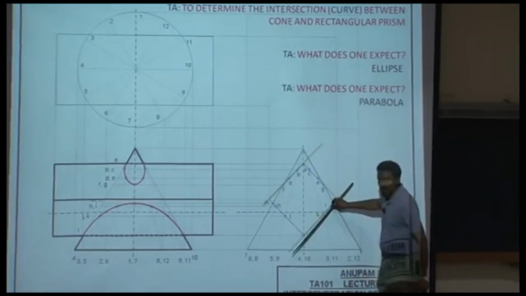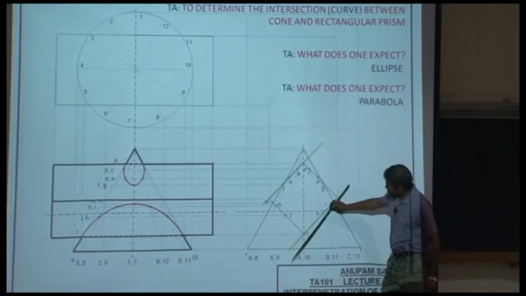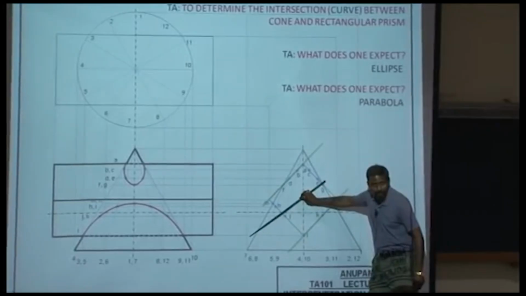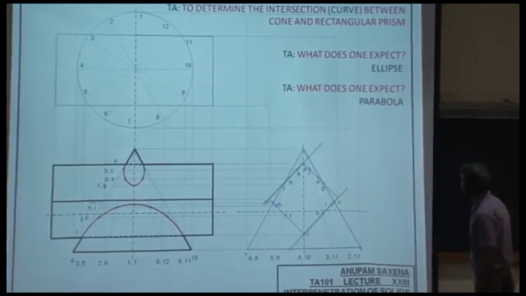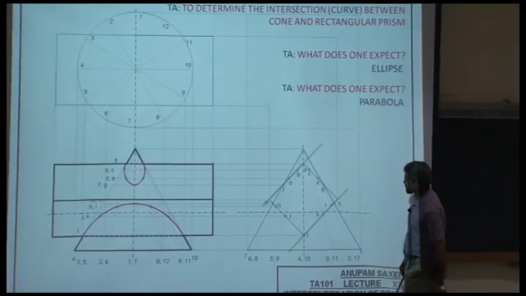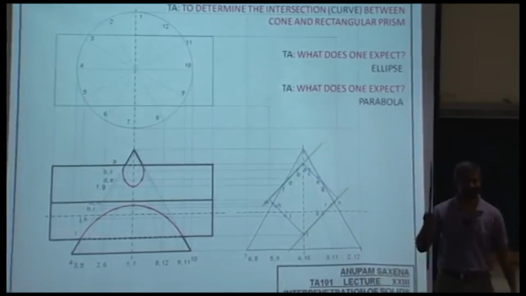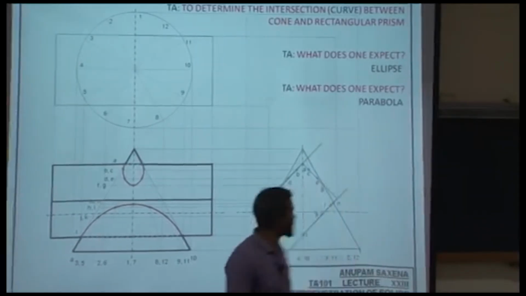This plane should be parallel to the what? So what you're saying is this plane should be actually here somewhere? Oh, this will give you an ellipse. So both are ellipses.